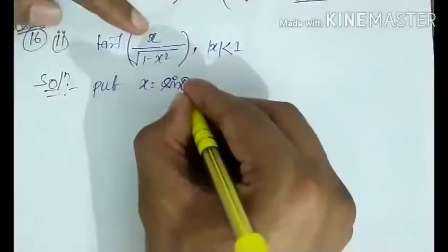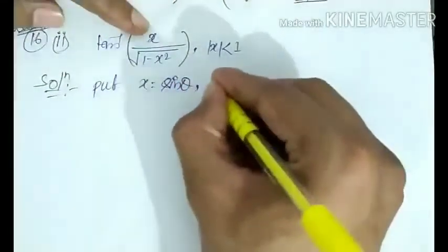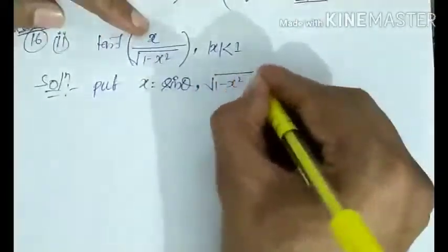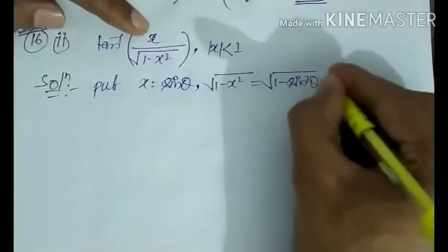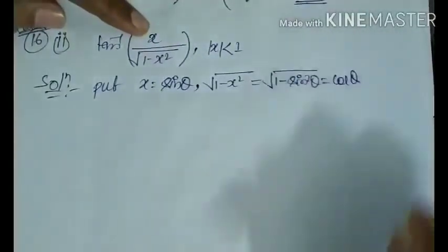If x equals sine theta, then root 1 minus x square, which equals root over 1 minus sine square theta, will be cos theta.